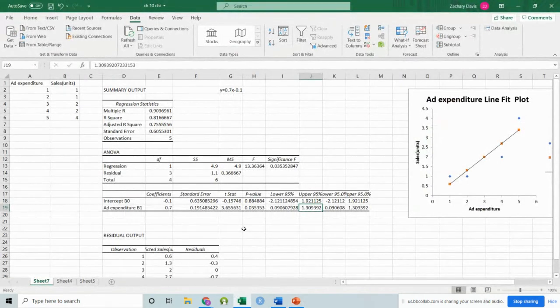So is it statistically significant? Our p-value is 0.03. And thus 0.03 is less than 0.05. So our beta 1 is statistically significant, and we can use it. The overall model, in a simple linear regression, has that same value. However, our intercept is not statistically significant, so we would not be able to interpret that anyway.